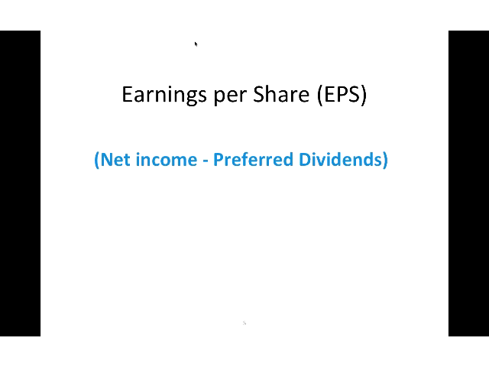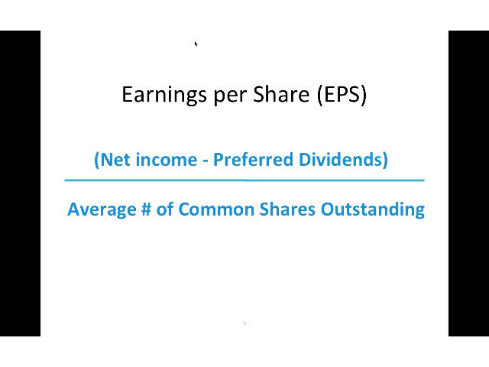So what we're trying to do is calculate what earnings were available to the common shareholder. So we're going to take our net income and subtract out any preferred dividends we paid. That's the numerator. Okay, numerator, and then we're going to divide by our number of common shares outstanding.